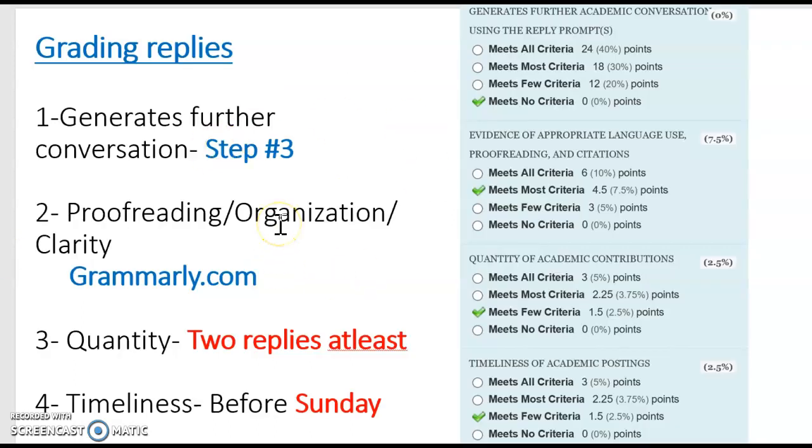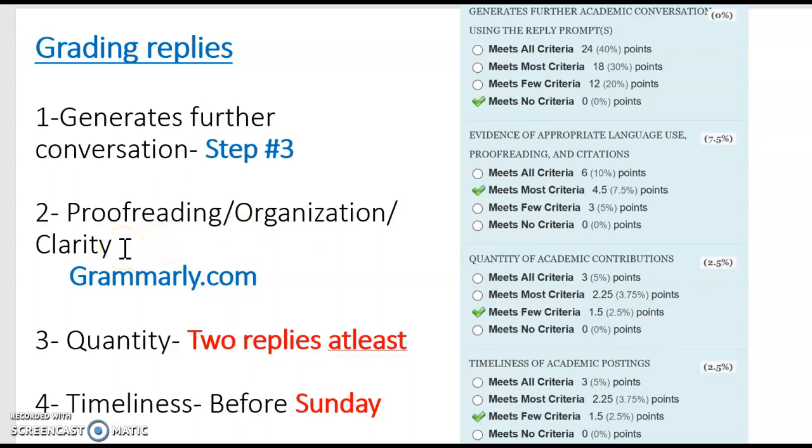This is your rubric for your replies. Remember, we talked about generating conversation. That means you included the questions in your step 3. You did proofreading, organization, and clarity. Proofreading and organization is basically your spelling, grammar, and your sentence writing. Clarity means, did I understand what you're writing?